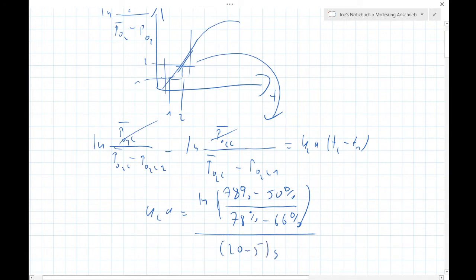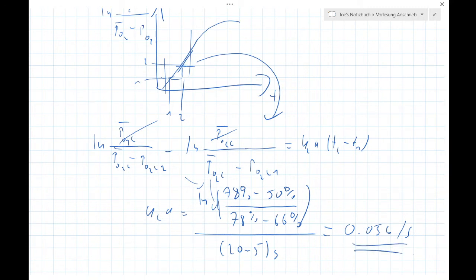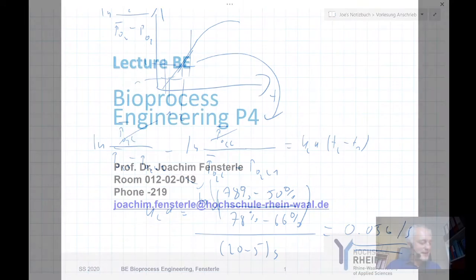This is this value, this is this value, and if you put it into the pocket calculator, it is 0.056 per second. That's a fair value for the cultivation of animal cells, I think in this case, or hematopoietic cells.